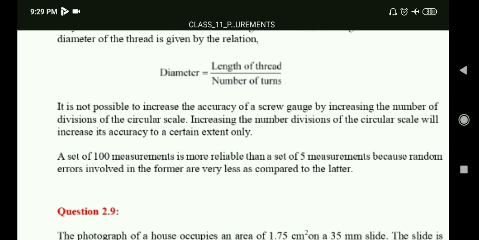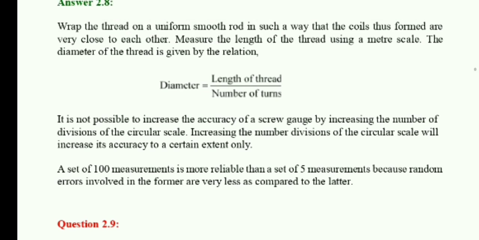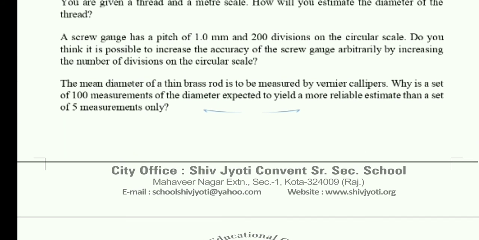The question is, the mean diameter of a thin brass rod is to be measured by vernier caliper. Why is a set of 100 measurements of the diameter expected to yield a more reliable estimate than a set of 5 measurements only?